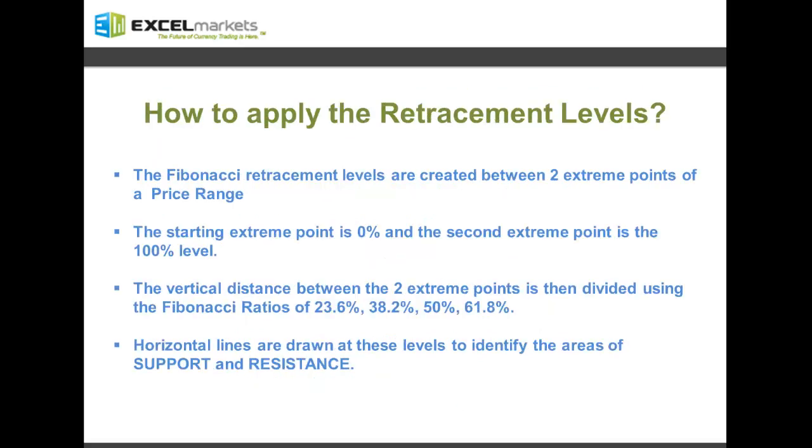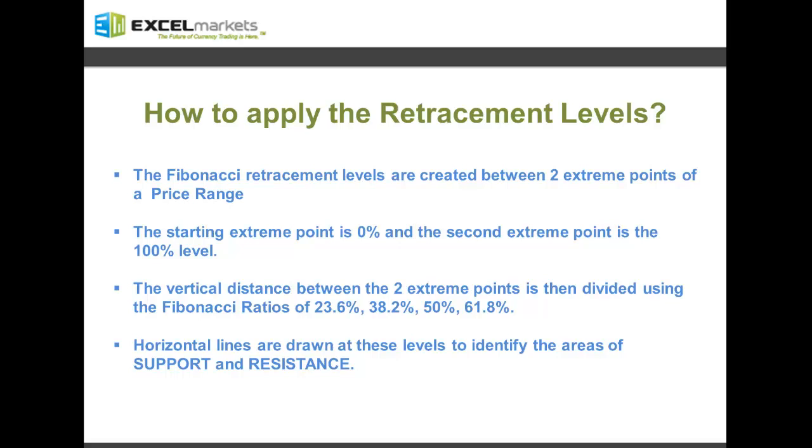Now that we know how the retracement levels are determined, we shall see how to apply these levels onto the chart. The Fibonacci retracement levels are created between two extreme points of a price range. The starting extreme point is set at 0%, and the second extreme point is the 100% level.